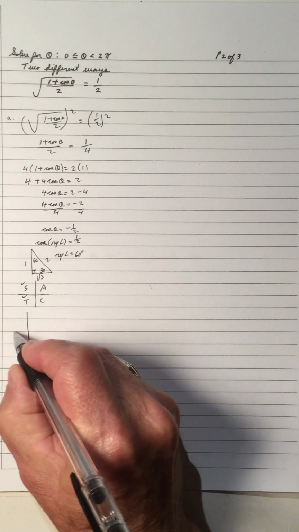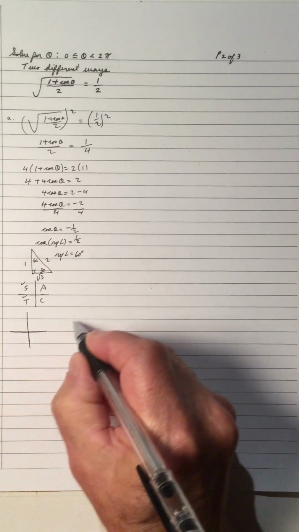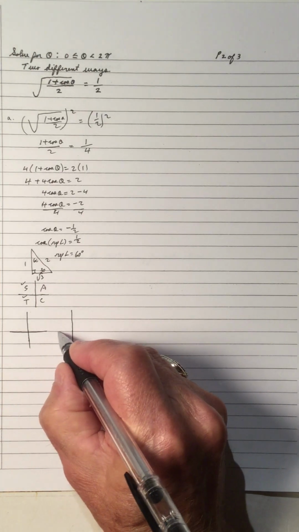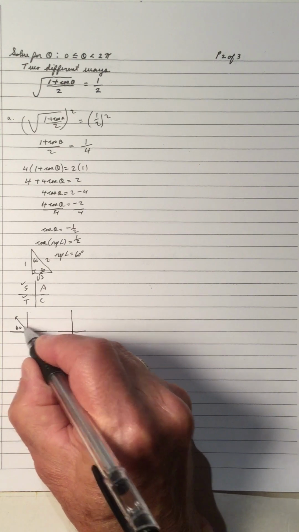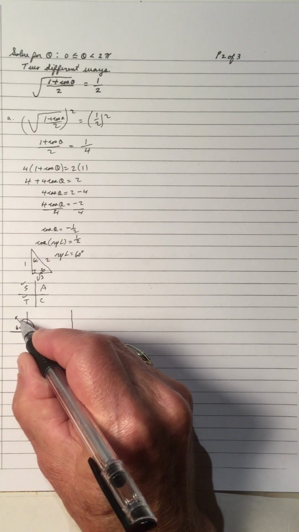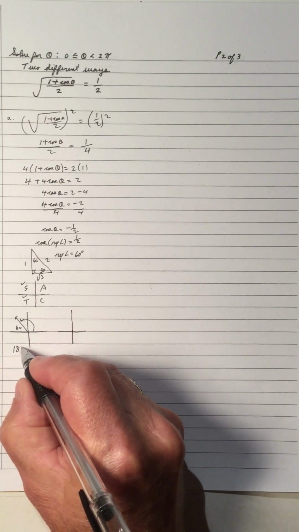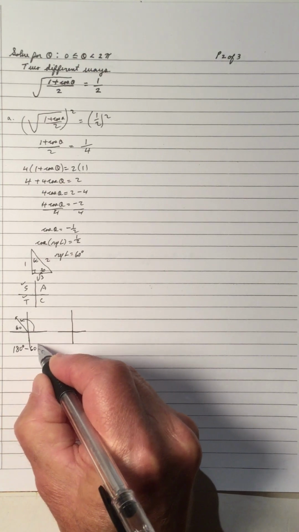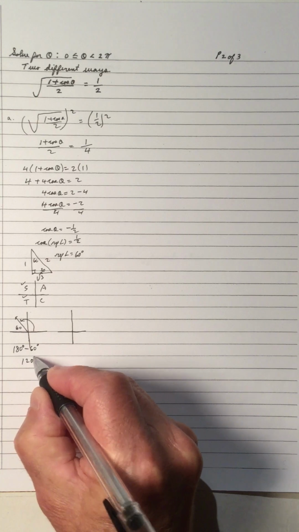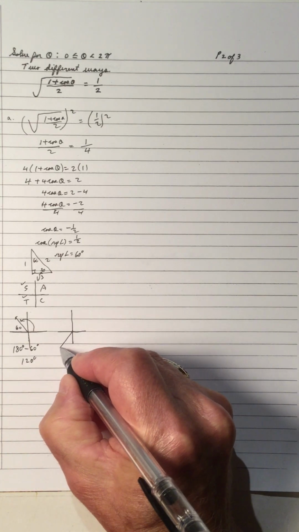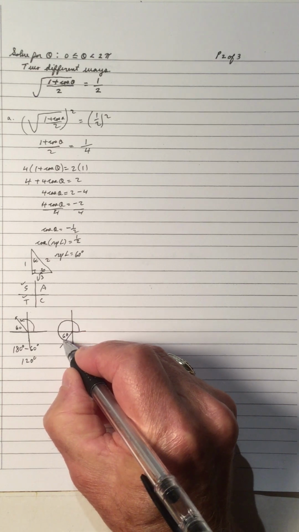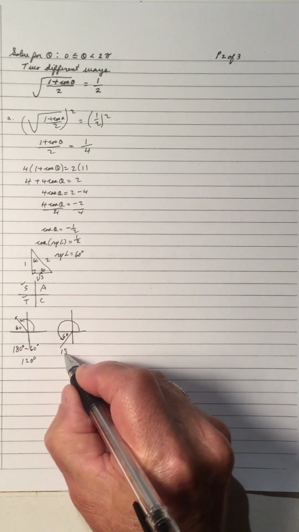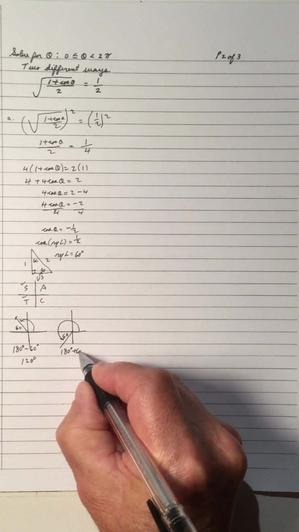So we'll draw it in quadrant 2 with a reference angle of 60, which is right here. So this rotation is 180 minus 60, which is 120. And in quadrant 3, the reference angle is 60, and the rotation is right around, so it's 180 plus 60.